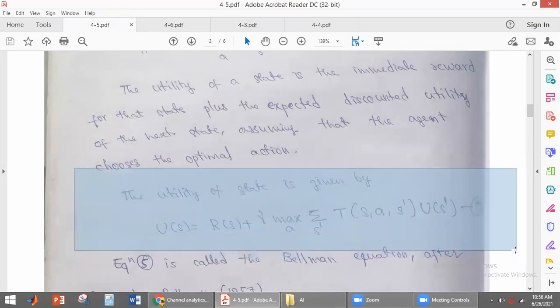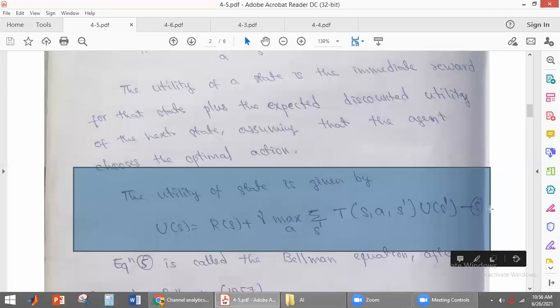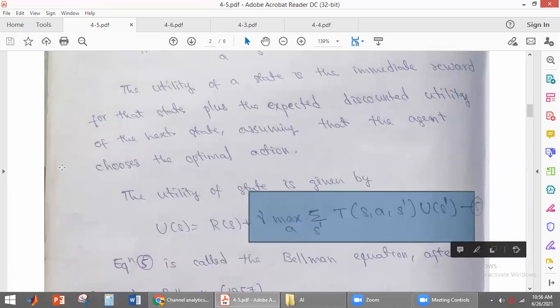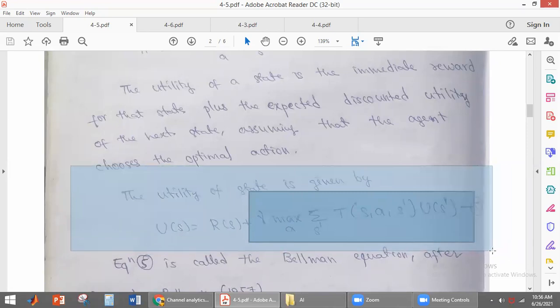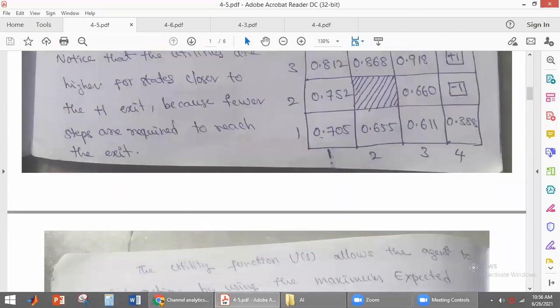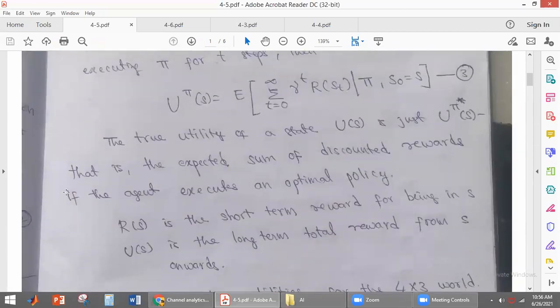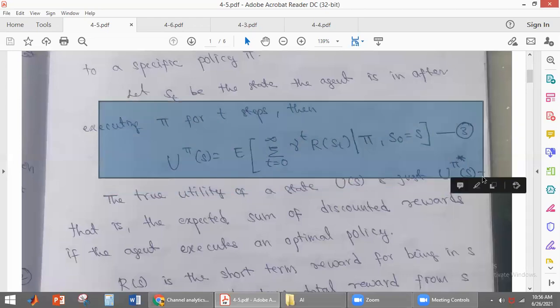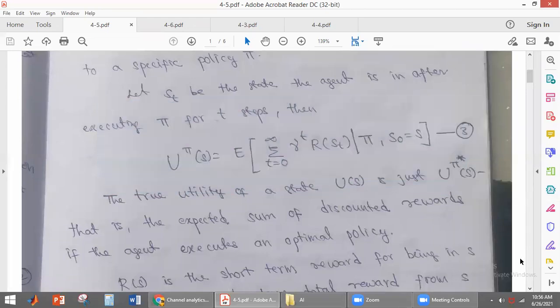The utility of a state can be defined as the reward of that state, that is the reward it is receiving immediately, plus the discounted utility of the subsequent state. This equation is called the Bellman equation, students. This equation will be having a solution. The Bellman equation solution is the expected utility of state. This is the solution for the Bellman equation.